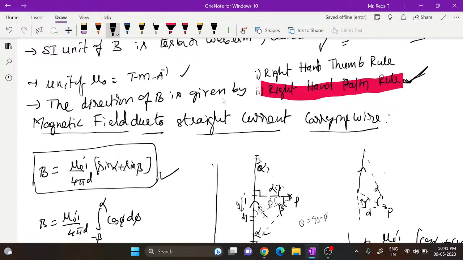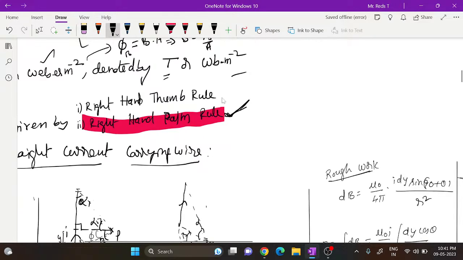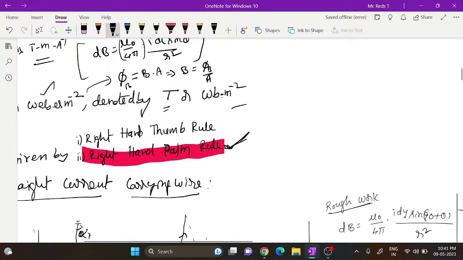So better write down what this right hand palm rule is, guys. Here I will give the statement for this.